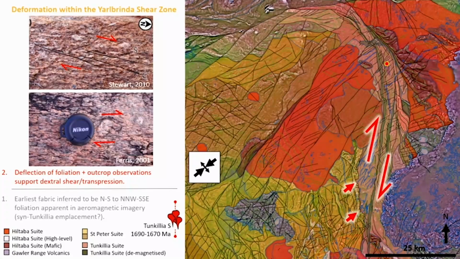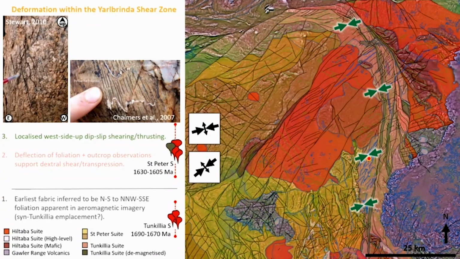Deflection of the aeromagnetic foliation, along with outcrop observations of John Stewart and Gary Ferris, strongly support a dextral sense of shear for the main shearing event in the Yarlbrinda Shear Zone.